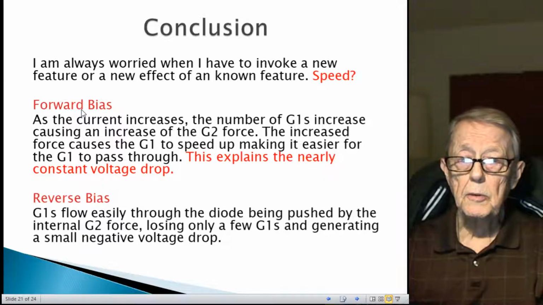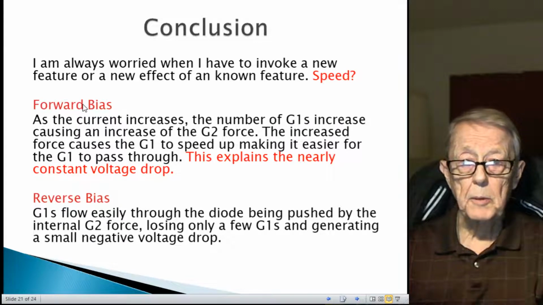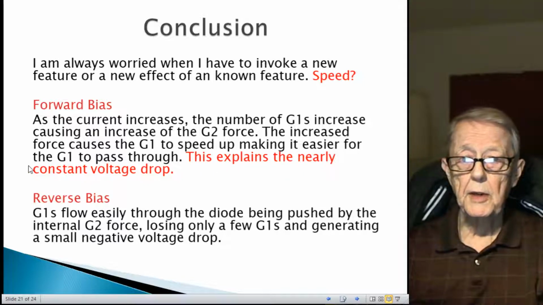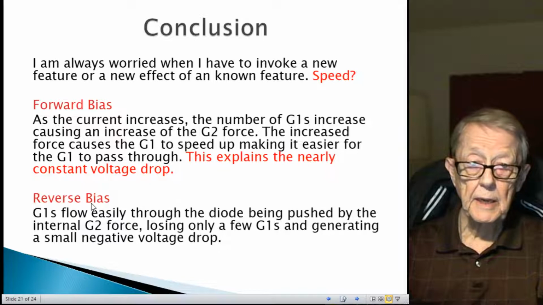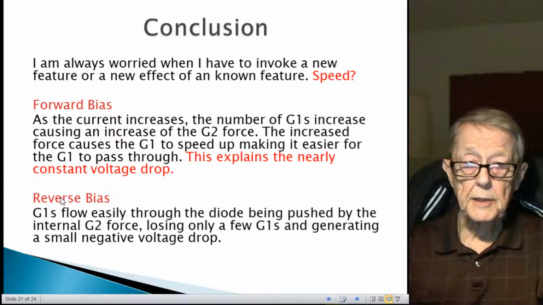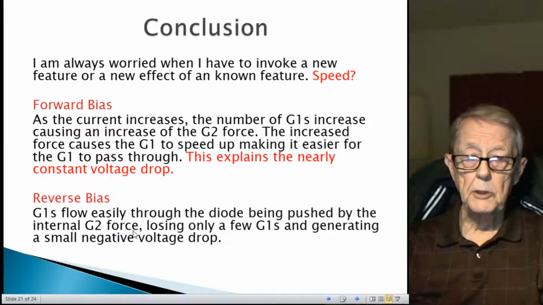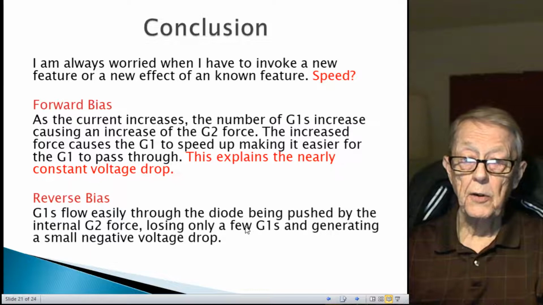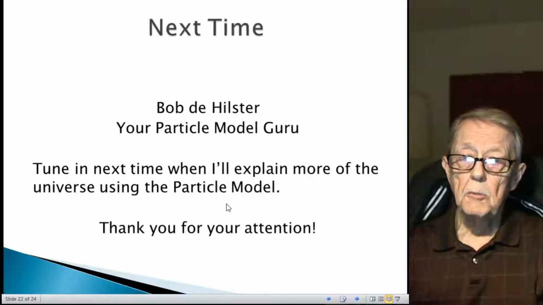And so using the speed for the diode, in the forward bias, that speed increase explains the nearly constant voltage drop when you operate it in that region. And in the reverse bias, G1s flow easily through the diode being pushed by the internal G2 force, losing none or a few particles.